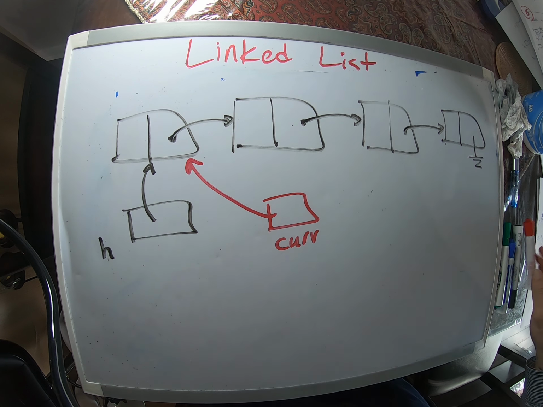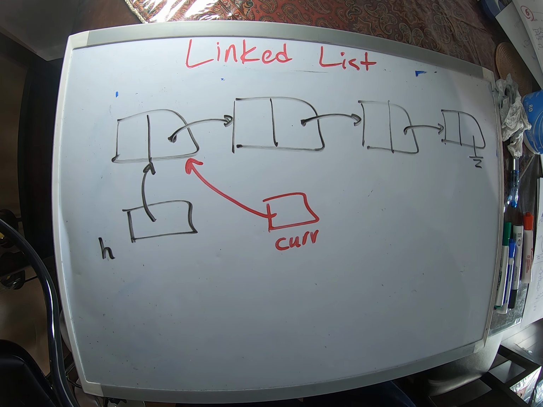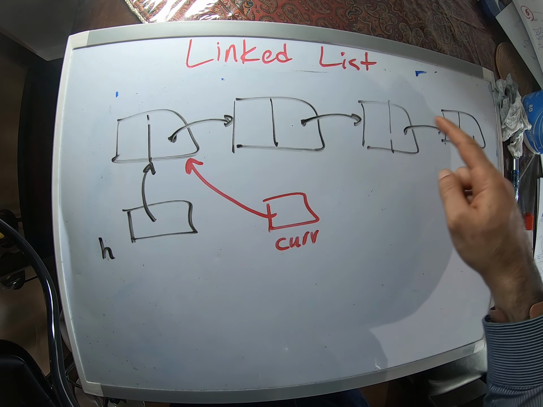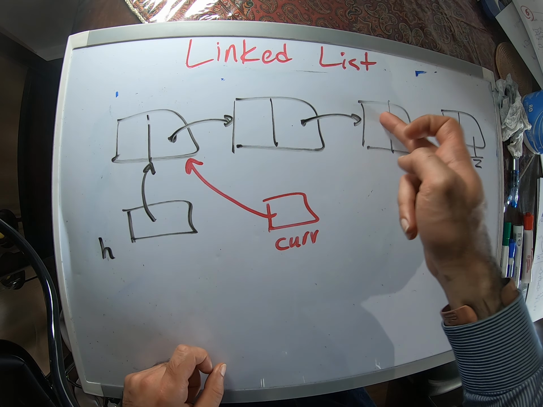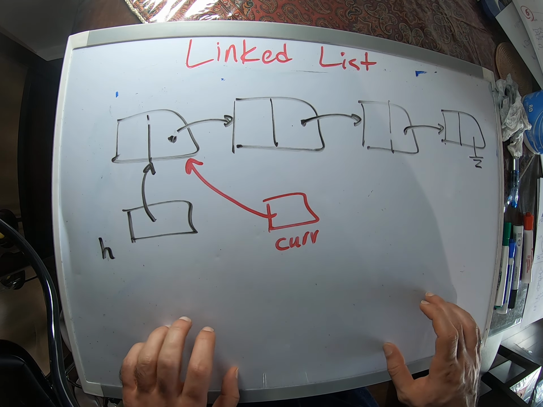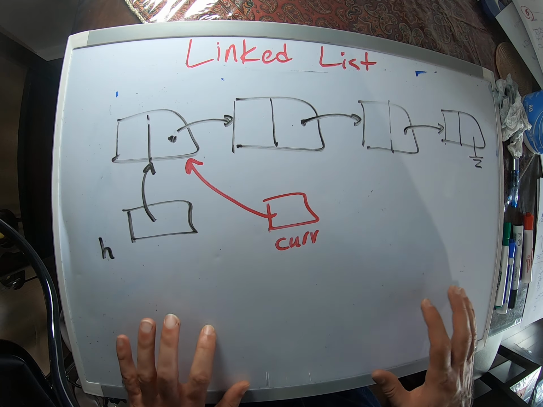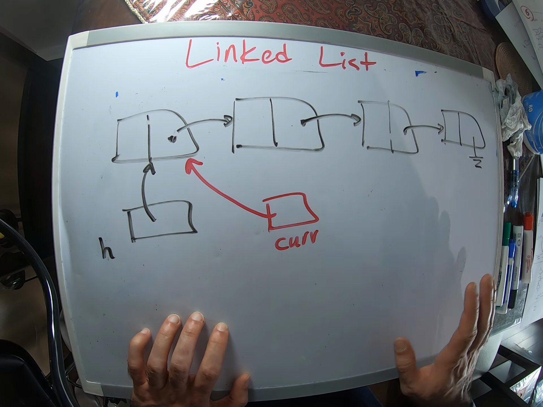What I want to do, I want to reverse my linked list. Right now it goes from here to here to here to here. I want it to go the other way around. Sounds very challenging, right?